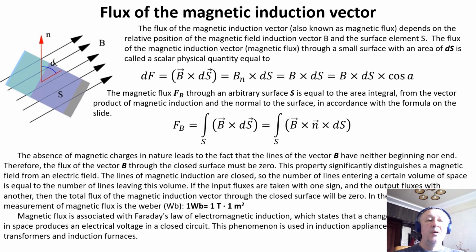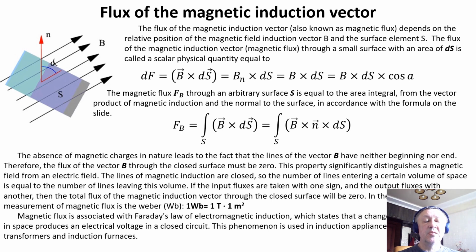In the SI unit system, the unit of measurement of magnetic flux is the Weber. 1 Weber is equal to 1 Tesla multiplied by 1 square meter.